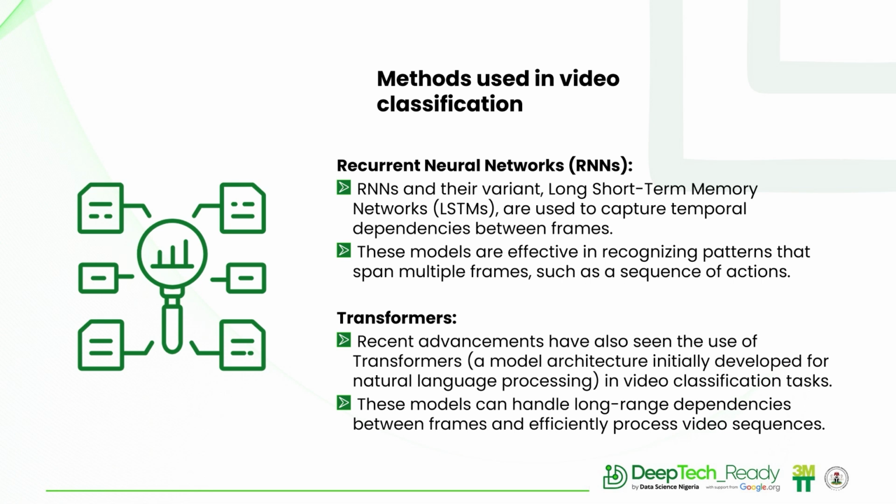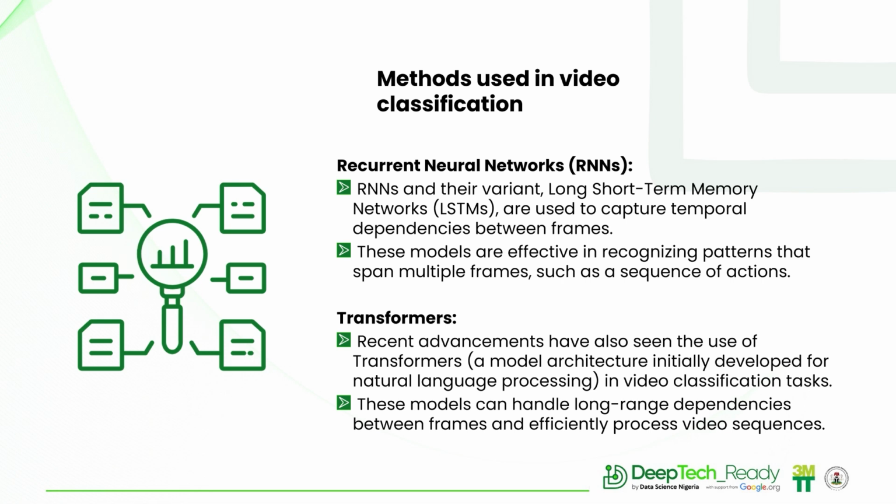The CNN is learning on the spatial, that is the frame level, and then the LSTM is connecting the features extracted from the frame level and interpolating them across frames in order to make predictions with respect to what happened within the video. So these models are effective in recognizing patterns that span multiple frames, such as sequences of actions.